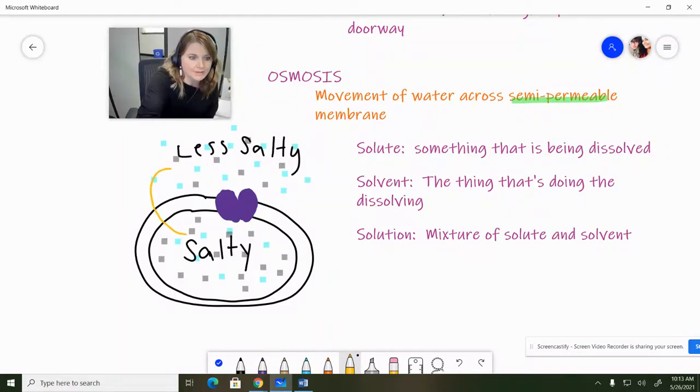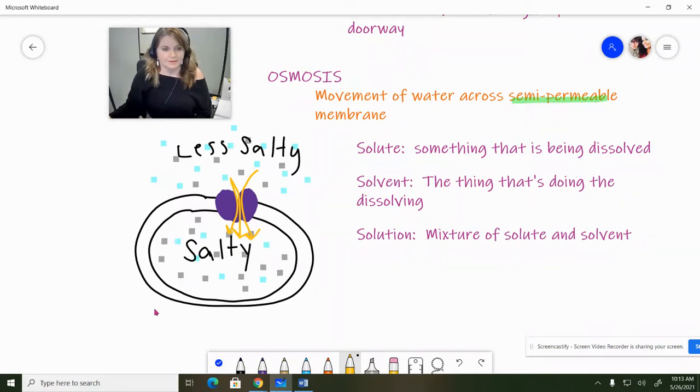So if I move water into the cell, which I have to do through my aquaporin, what's going to happen is I'm going to dilute the saltiness inside the cell. I'm going to make it less salty. So if I move water into the cell, I'm going to dilute this. This becomes less salty, okay? And this becomes more salty.